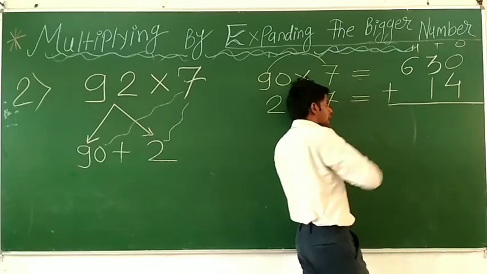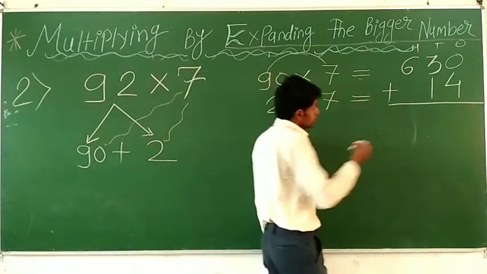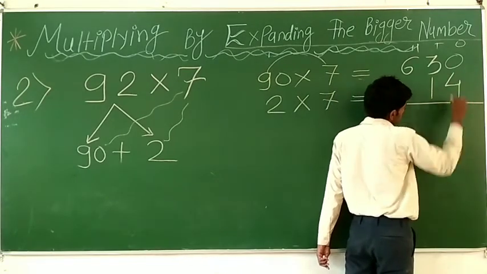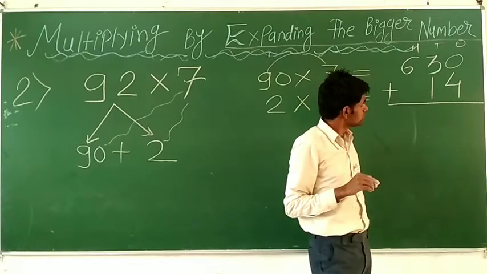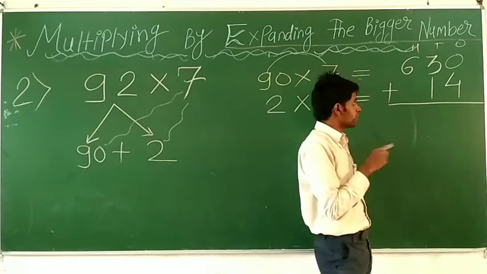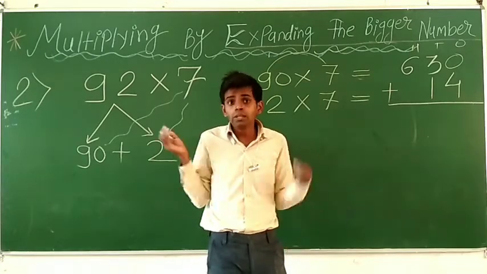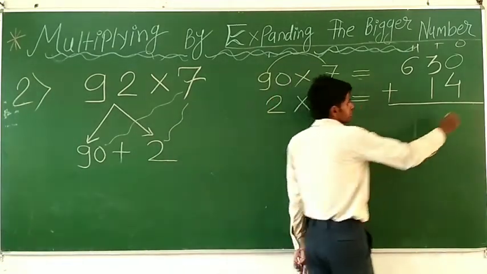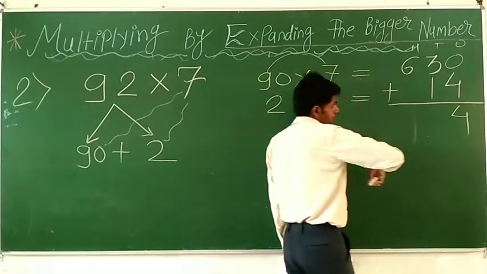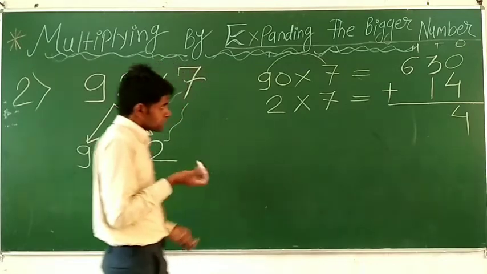Now we have to add. So करो भाई addition. Here we will write 4 and 0, 0, है ना? 4. Always remember that if you are finding the sum of 0 and another number, you will get the number as it is. 4 will be here. And now we have to add the digits which are in the tens place.